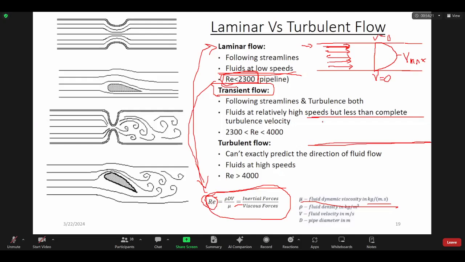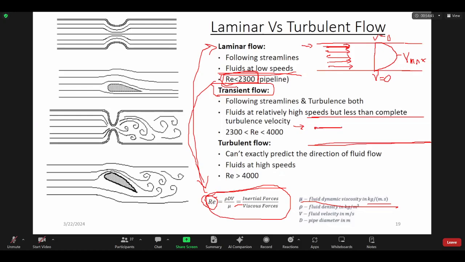When fluid is going through a pipe, I will take one particle and draw one line. Firstly, it will go smoothly, in a straight way.